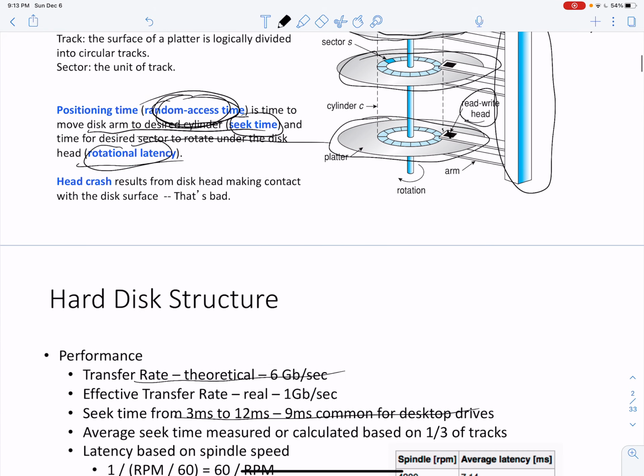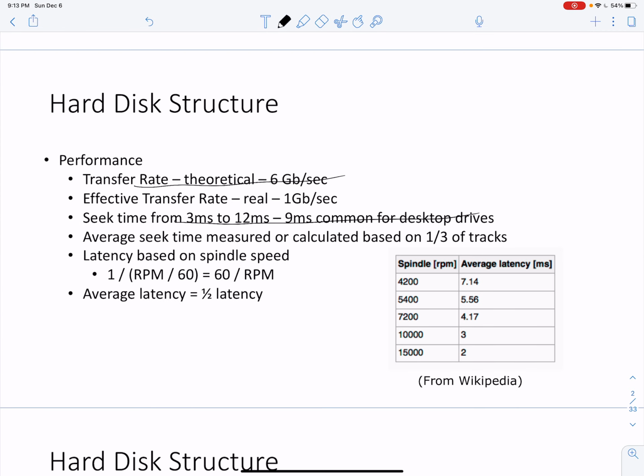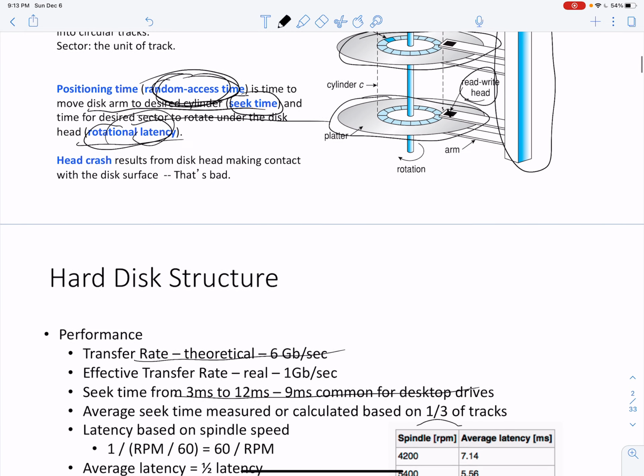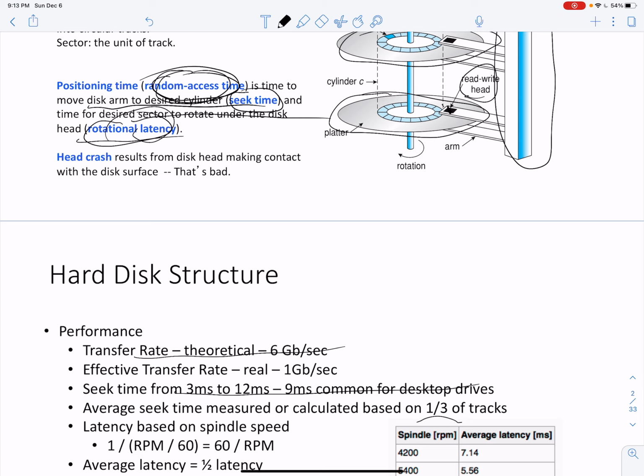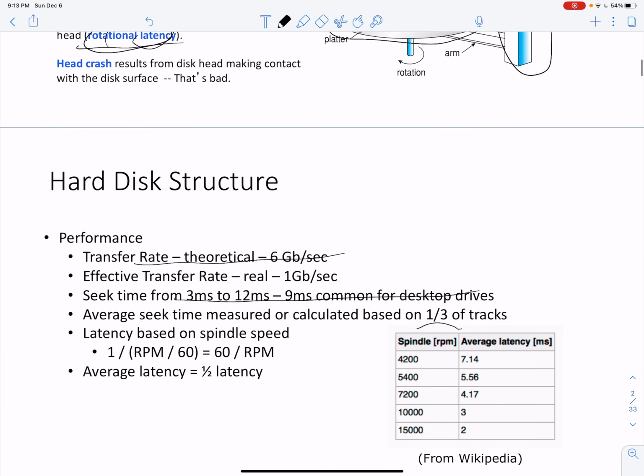So is the rotational latency, which heavily depends on how fast your hard drive can rotate. If it's faster, the rotational latency would be smaller.